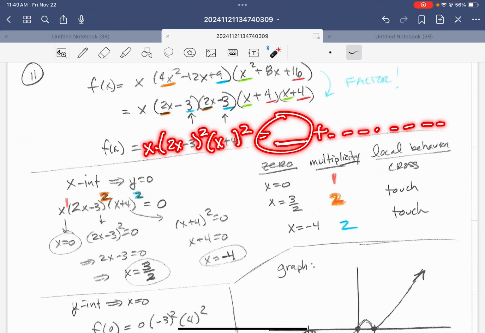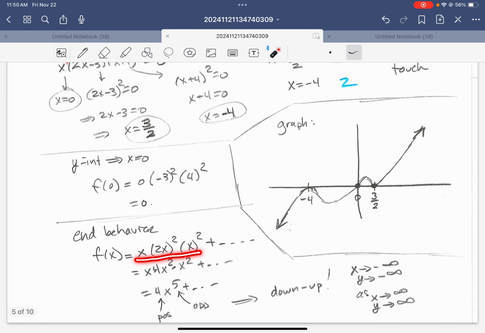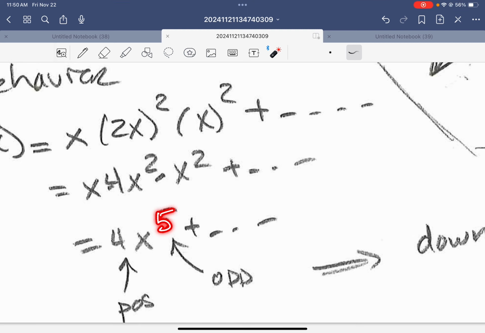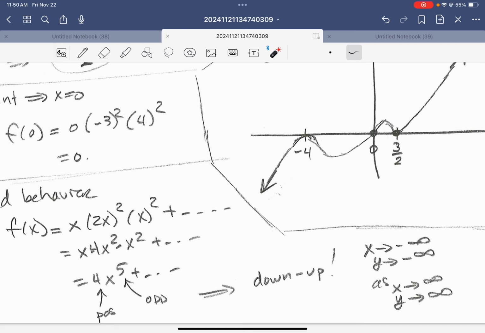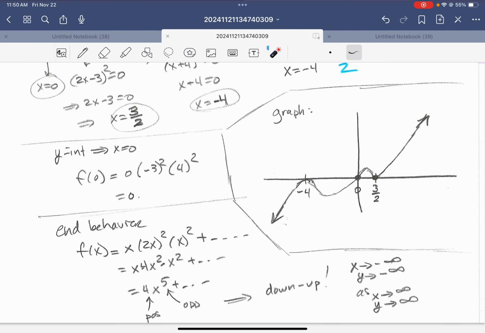But that leading term is what determines the end behavior. So I write out my leading term, and I see that it's going to have an odd degree and a positive leading coefficient. So odd positive means down up, and you would write it like this. So putting that all together, you have a graph that has these zeros, the correct local behavior, and the correct end behavior.